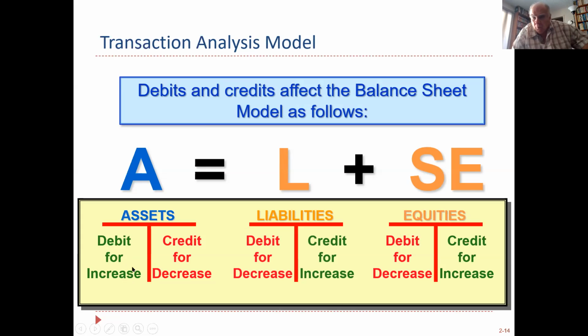So if you borrowed money from somebody, your entry is to increase cash, and that would be done with a number on the left side, the debit side. The normal balance for cash is the debit side. Debit is the side of the account that increases it.